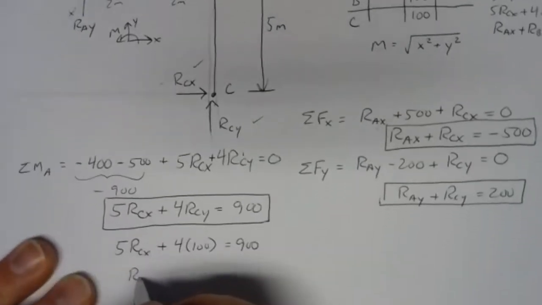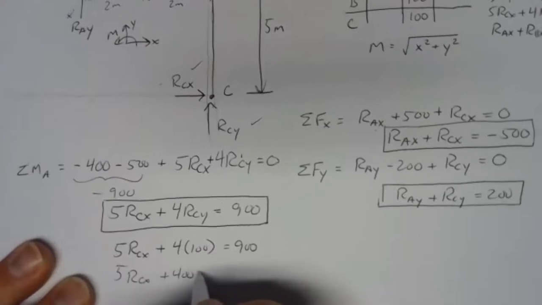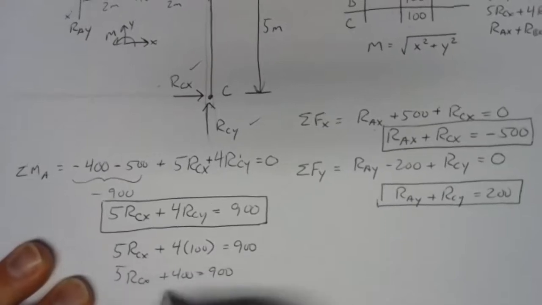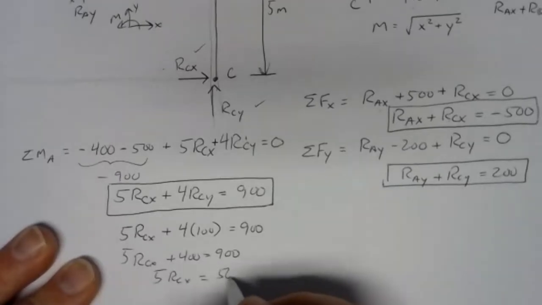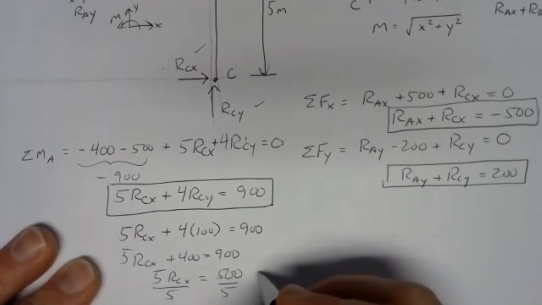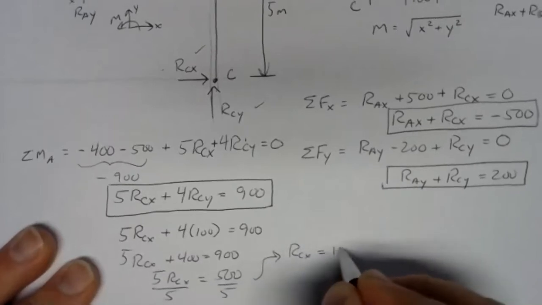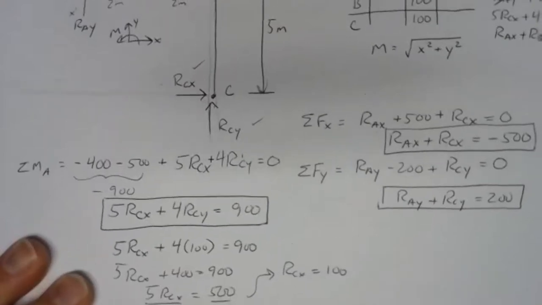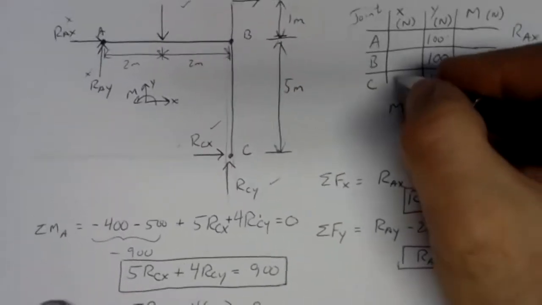So that's 5RCX plus 400 equals 900. Subtract 400 from both sides, and 5RCX equals 500. Divide both sides by 5, and RCX equals 100. So there's another number we can plug in. RCX is 100.